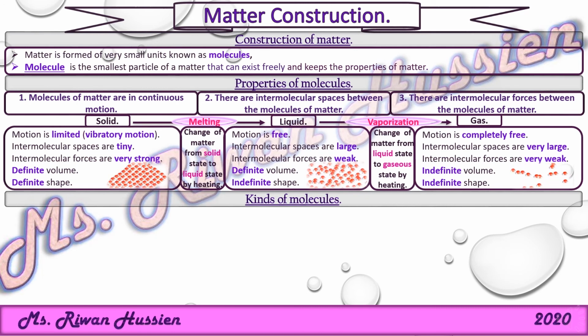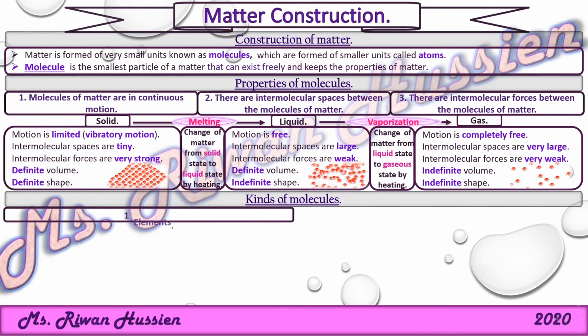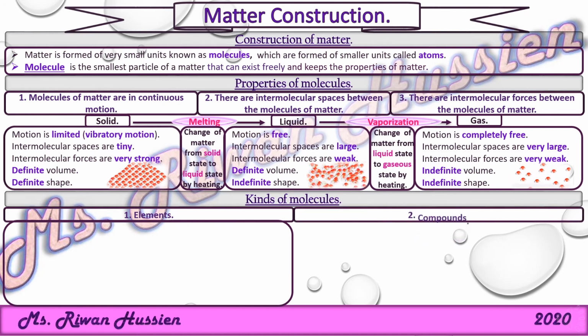Finally, we've ended our lesson by the kinds of molecules, and we've said that molecules are formed of smaller units called atoms, and according to this, there are two kinds of molecules, which are elements and compounds.